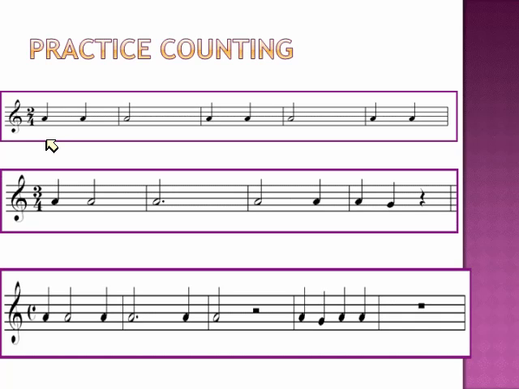I wonder if I can make the arrow go at the same time that I count. Probably not. I'm just going to experiment and see. 1, 2, ready, count. 1, 2, 1, 1, 2, 1, 1, 2. That worked pretty well, I guess.